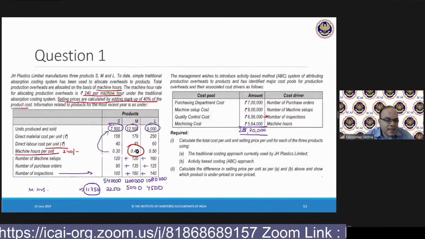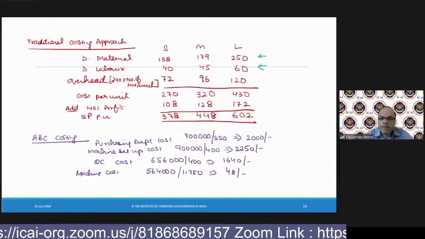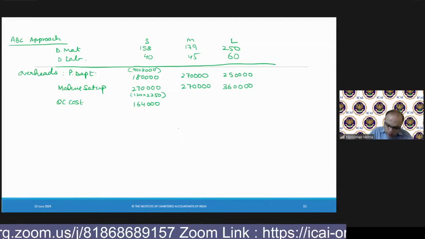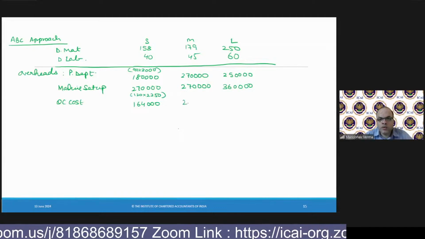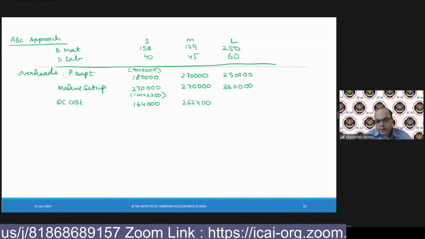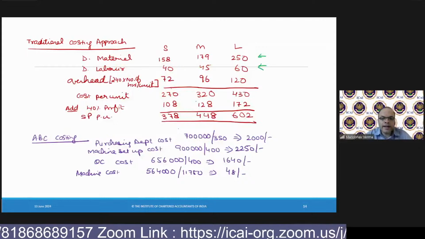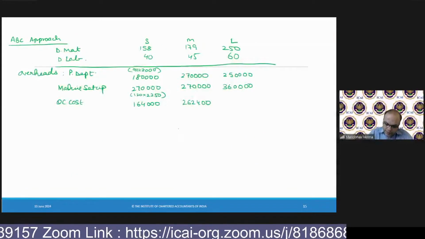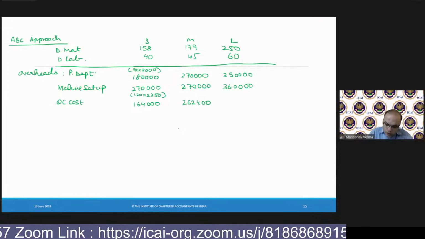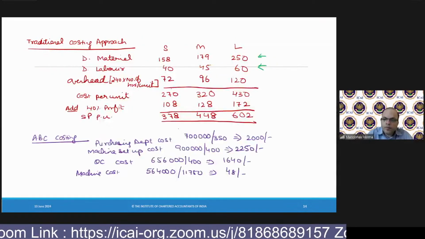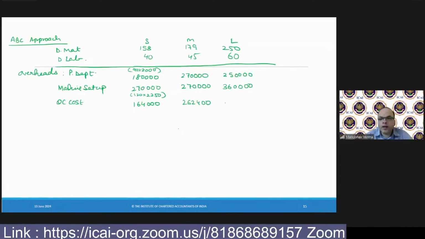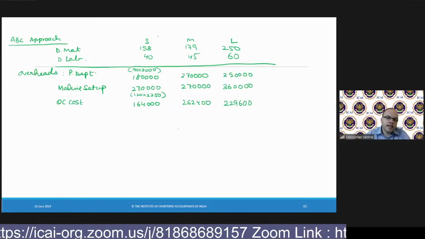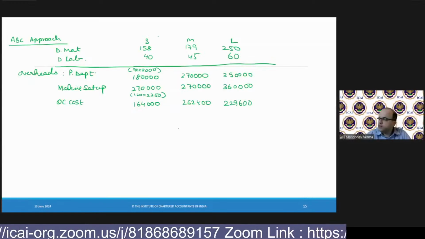We have 160 inspections for M. So 160 into 1,640, we're getting 2,62,400. And we have 140 for L. 140 into 1,640, we're getting 2,29,600. Is everyone doing good till this point?